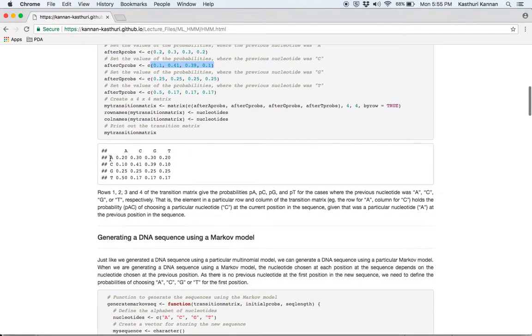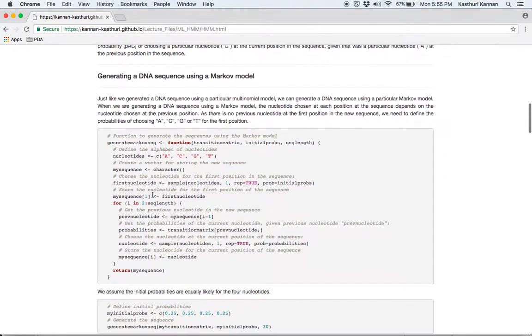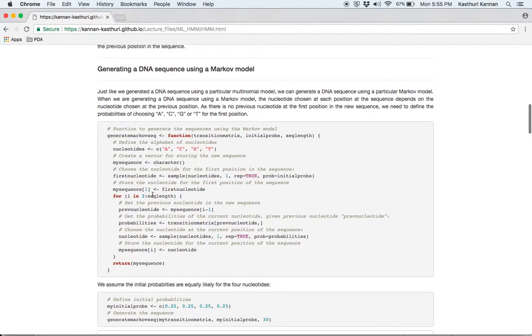So what it means is that A precedes A with a 0.2 probability, A precedes C with a probability of 0.3, etc., right? And using this, you can generate the DNA sequence.